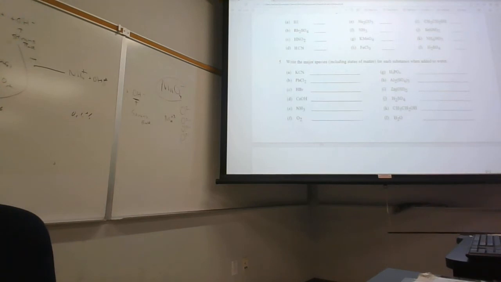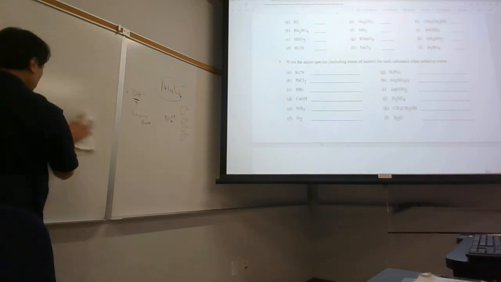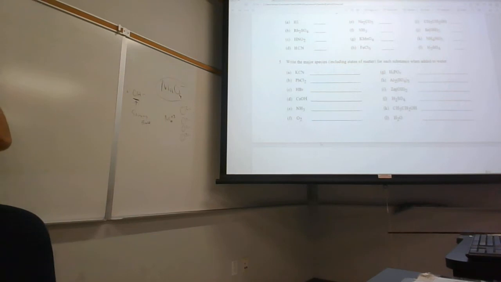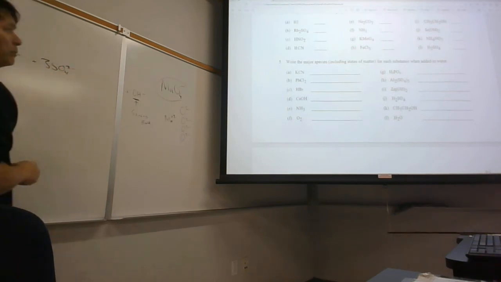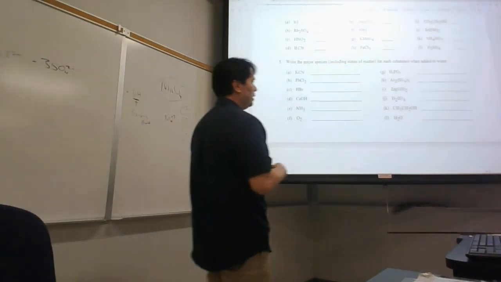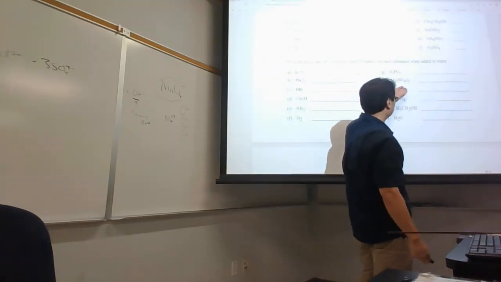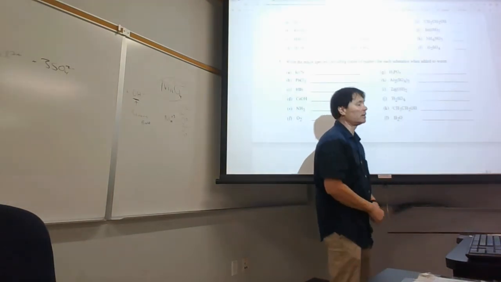And how many sulfate ions? 3. And we don't want to forget the charge. The charge is most important. And so the major species are going to be 2 aluminums and 3 sulfates for every aluminum sulfate formula unit that dissolves. We call this a formula unit, we wouldn't call it a molecule because it's ionic.